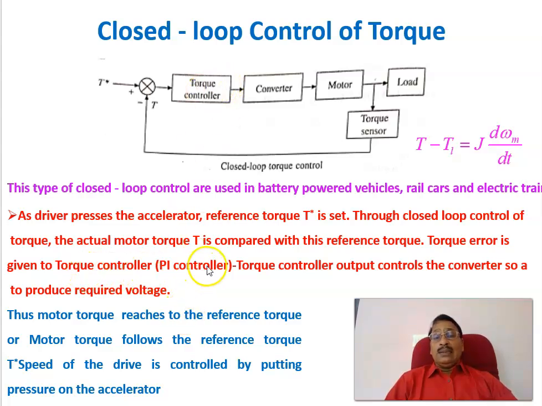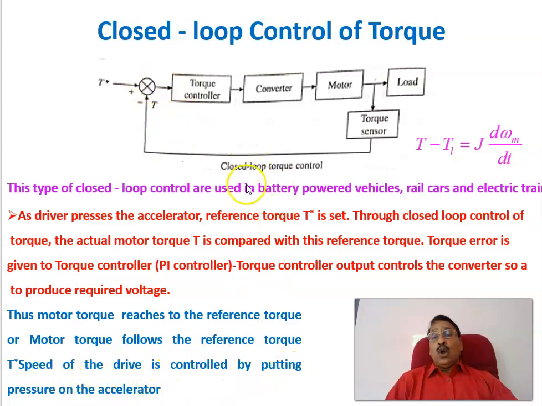Again, that's a PI controller, and the torque controller output controls the converter so as to produce the required voltage and so as to produce the required torque. Thus the motor torque follows the reference torque T star, and the speed of the drive is controlled by pressing on the accelerator.